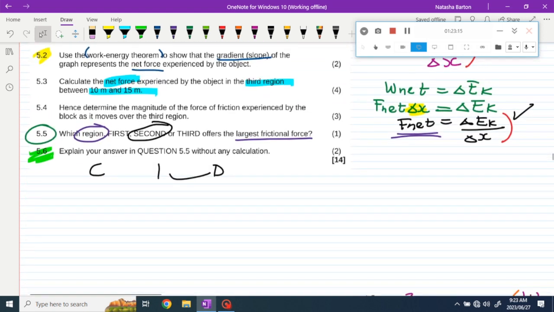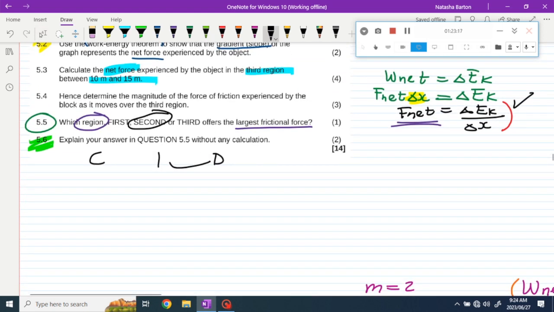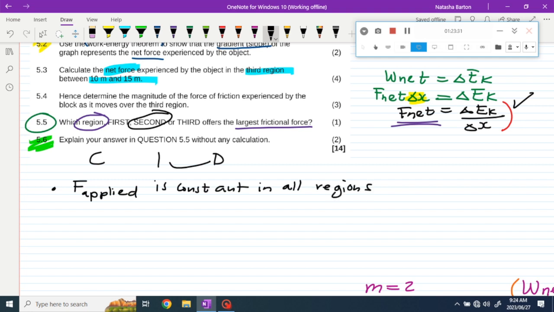So number 1, we are going to mention the applied force is constant in all regions. And you guys will write this out in full, but I'm being lazy. Number 2, we know what is changing in the different regions is friction. And what does friction change?